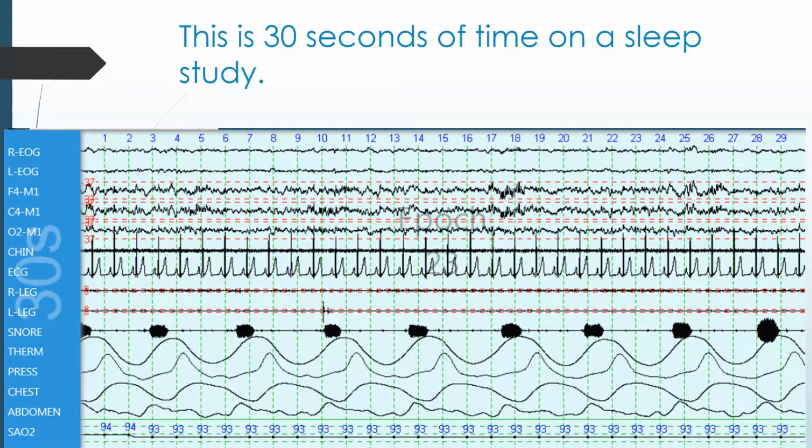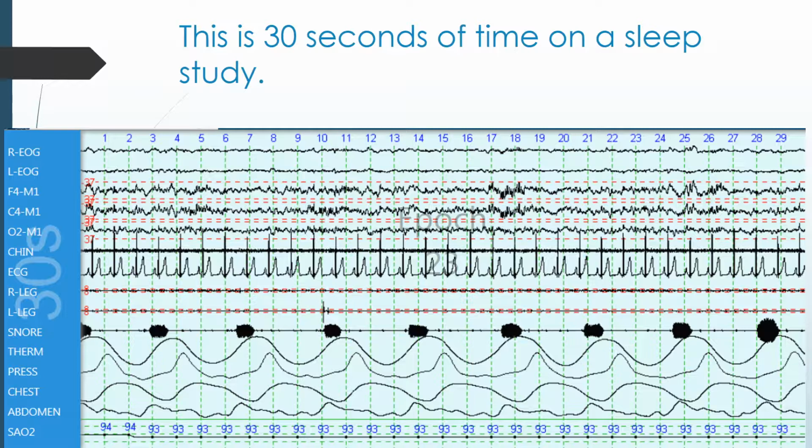If you look down and find the red dotted lines, you see that they go above and below the channel labeled FM1. You see the same thing above and below channel C4M1, and then above and below the channel labeled O2M1.